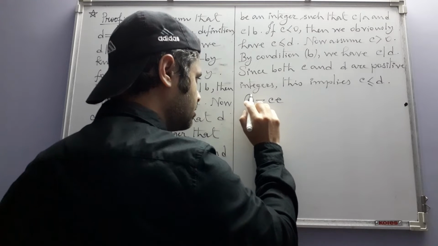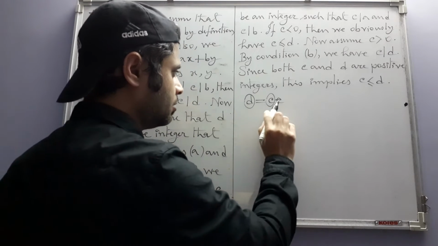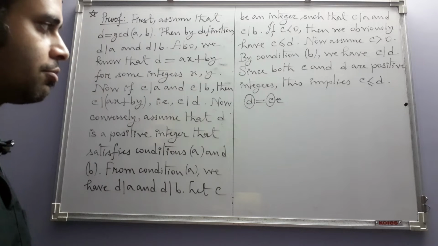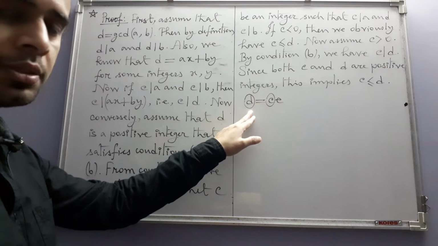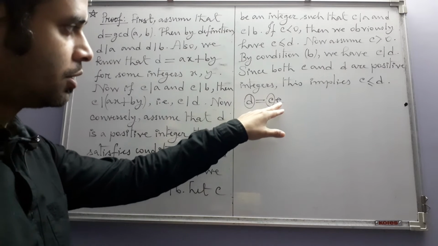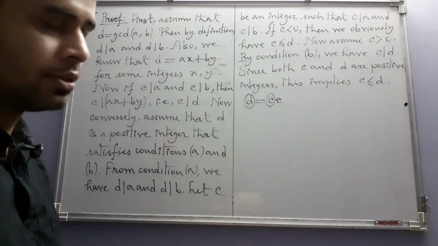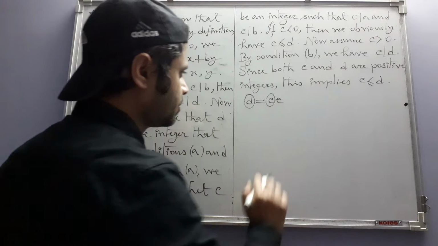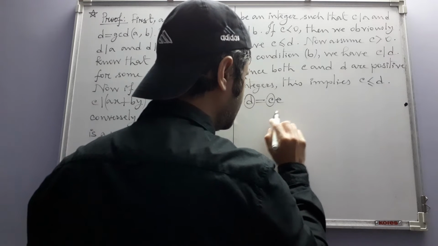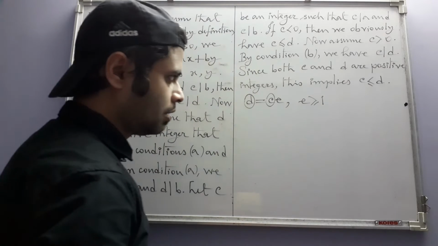Now note that D is a positive integer, C is also a positive integer. So E cannot be 0 because D is positive. Also because C is positive, E cannot be negative. So E has to be a positive integer, and therefore E is greater than or equal to 1.